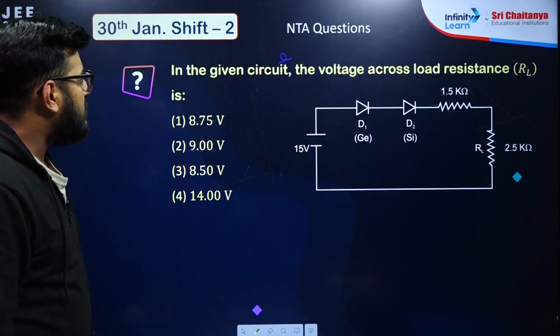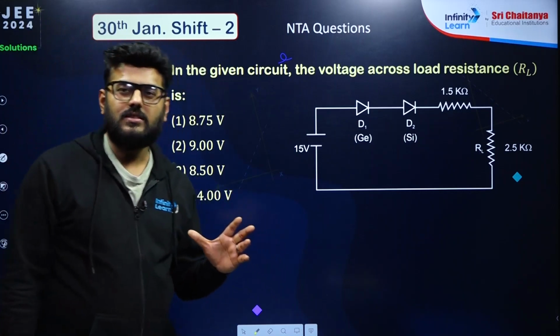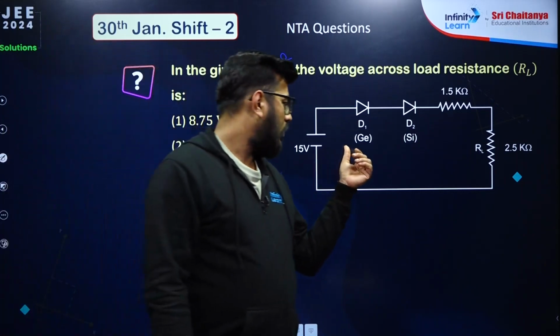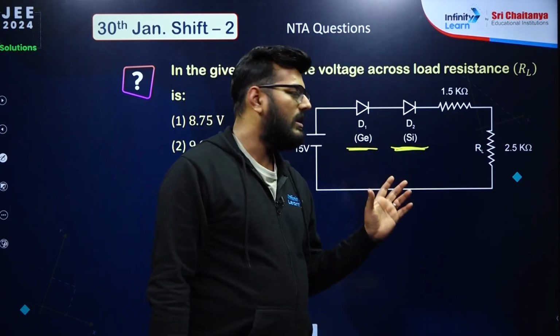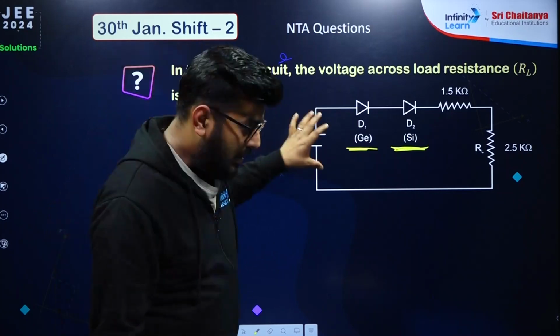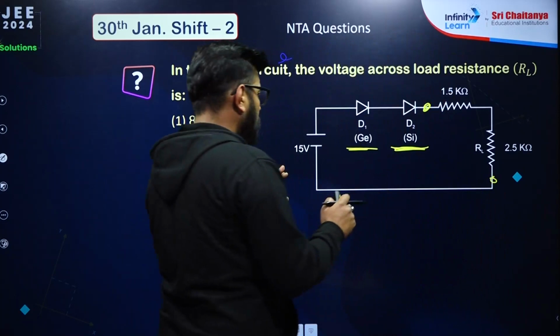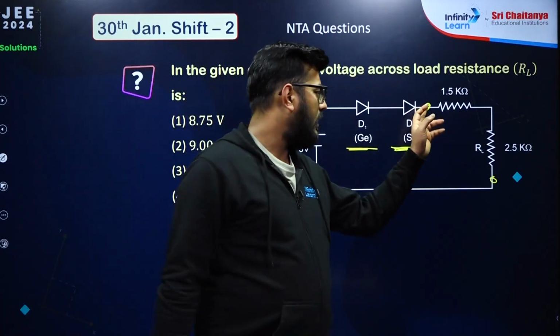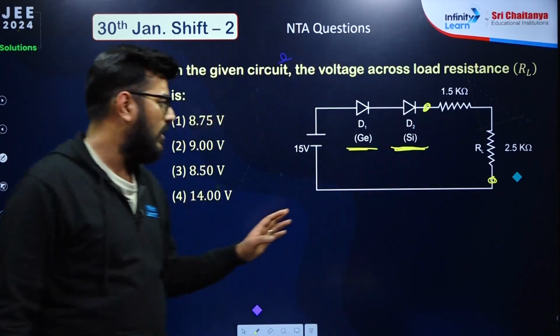Moving ahead: in the given circuit, find the voltage across the load resistance. Here you need to understand the standard potential difference across this germanium diode and this silicon diode, 0.3 and 0.7 volt, and based on that the effective potential difference will be 14 volt.